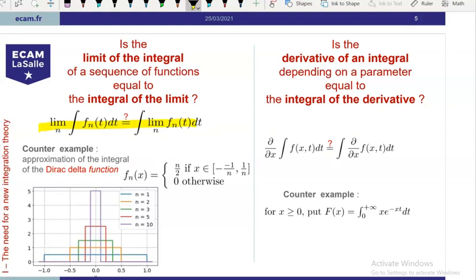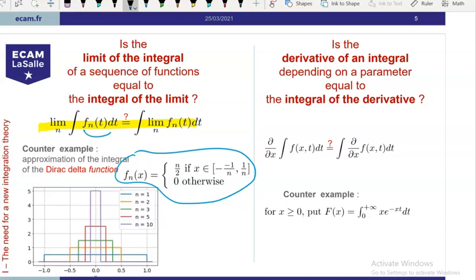And also, we will want to be able to answer some general questions, like the limit of, given a sequence of functions, fn of t, right? So you've got a function that depends on t and on n. You've got an example here, right? Here we are defining a function that is going to have some constant height on some interval that is going to decrease. So we're going to talk about that in a minute, right?